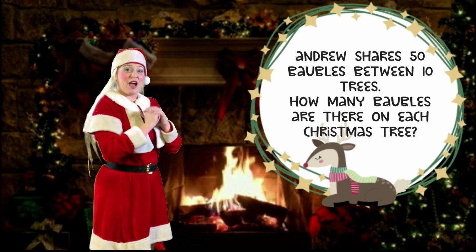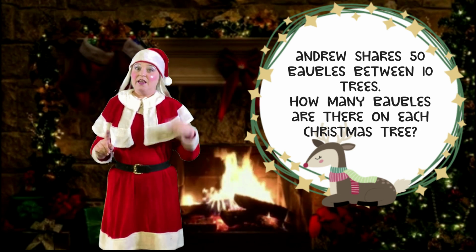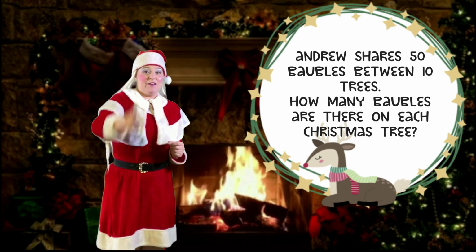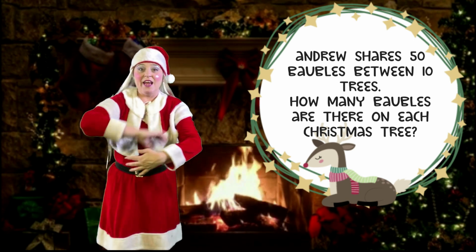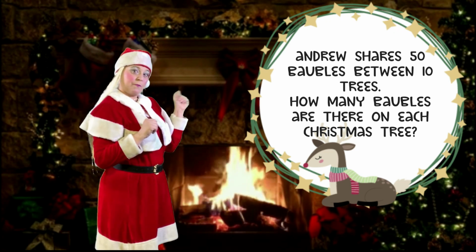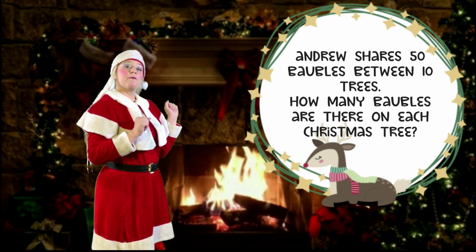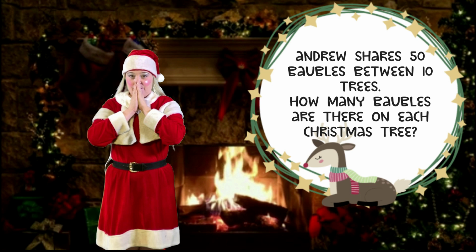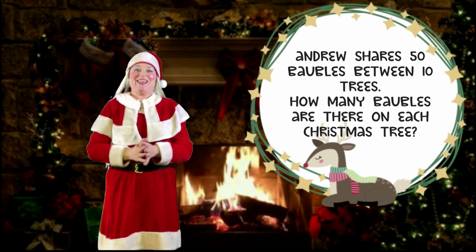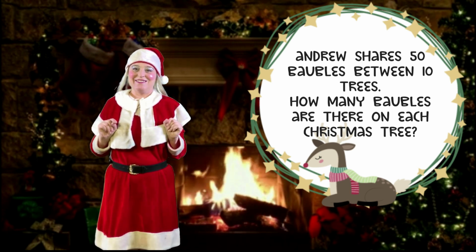Remember, first you have to figure out if it's a multiplication or a division. If it's a multiplication, we're putting things together. If it's a division, we are sharing. Okay. Yes. A lot more of you got it that time. Very good.